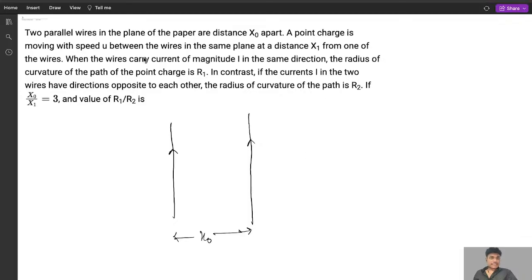A point charge is moving with a speed u between the wires in the same plane at a distance x1 from one of the wire. ओके, तो यहाँ पे अपना पॉइंट चार्ज है. Okay, so this is our x1 and this will become x0 minus x1, right?